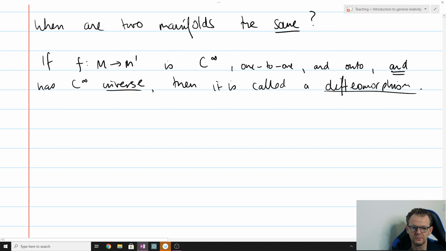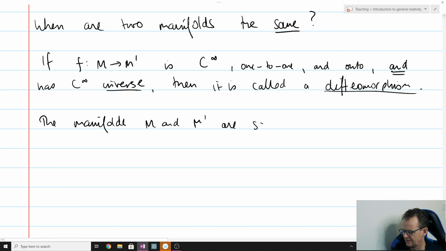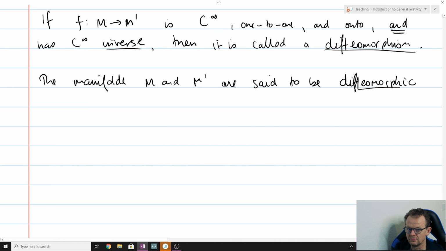Now the existence of a diffeomorphism between two manifolds is really what we mean by them being the same manifold. So if there exists a diffeomorphism, then we call the two manifolds diffeomorphic. Physics translation, they're equal.